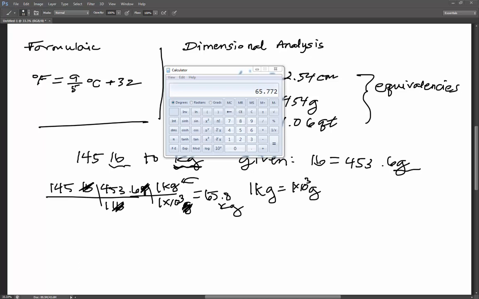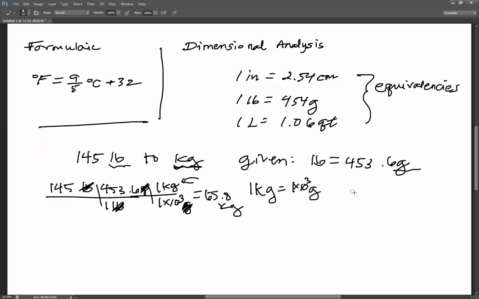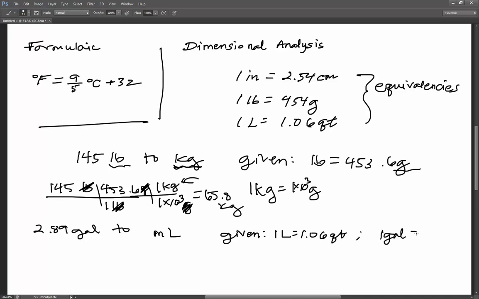Okay, let's do another one with metric conversions because they can be a little bit tricky and it's good practice. So next we're going to convert 2.89 gallons to milliliters. And I'm going to give you, given that 1 liter equals 1.06 quarts and that 1 gallon is equal to 4 quarts.